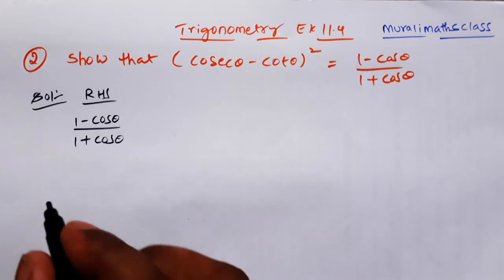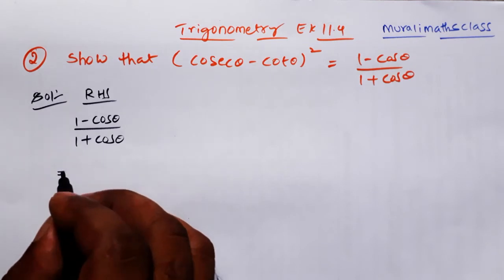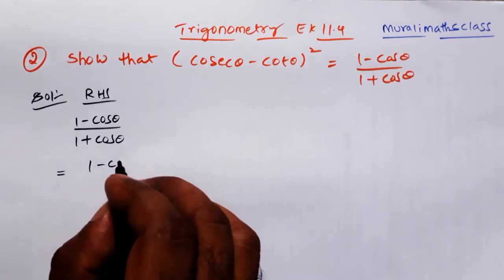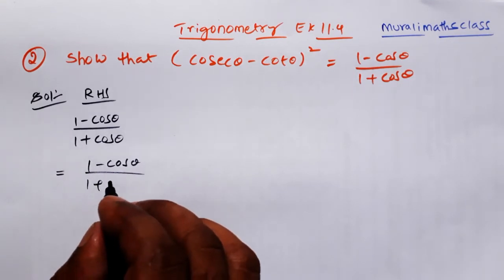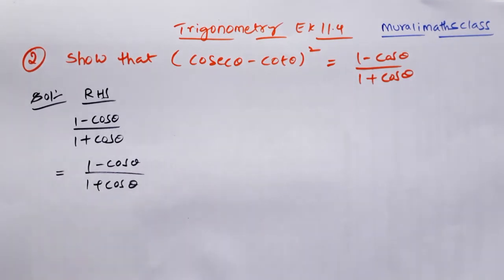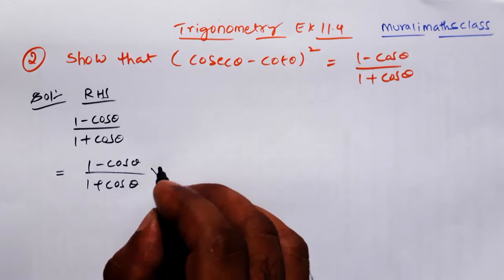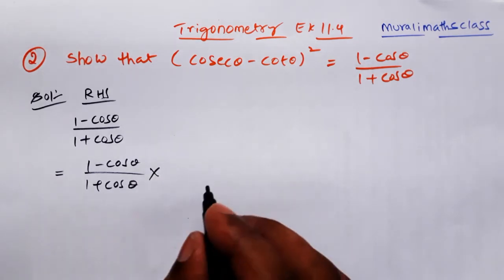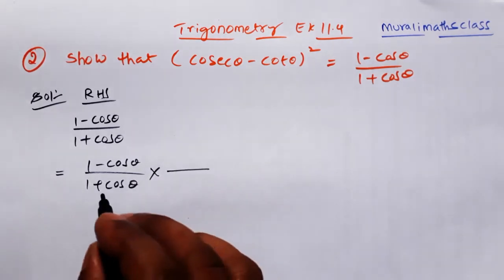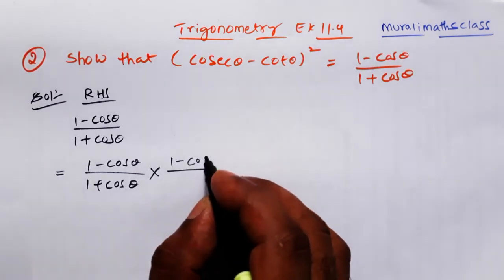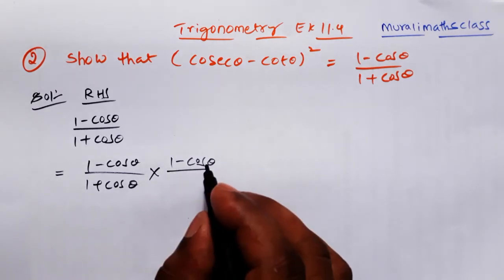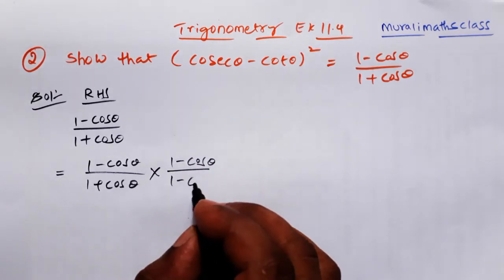So what we have to do in the next step, 1 minus cos theta by 1 plus cos theta, this one you multiply and divide with conjugate. That means here 1 plus cos theta means you take 1 minus cos theta, multiplying and dividing.